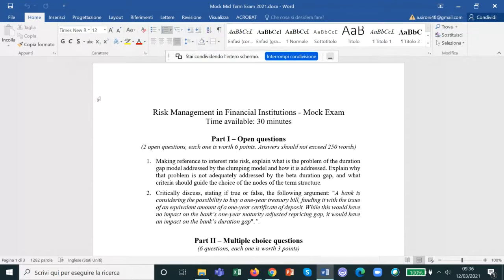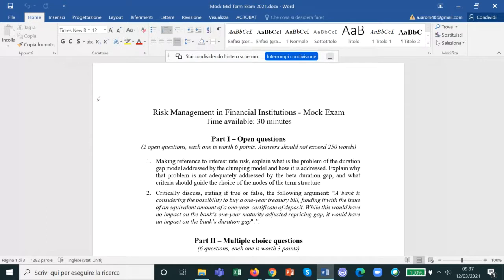It's not addressed because the beta duration gap does not take into account different changes of interest rates of different maturities, but rather the different changes of interest rates of different assets and liabilities.